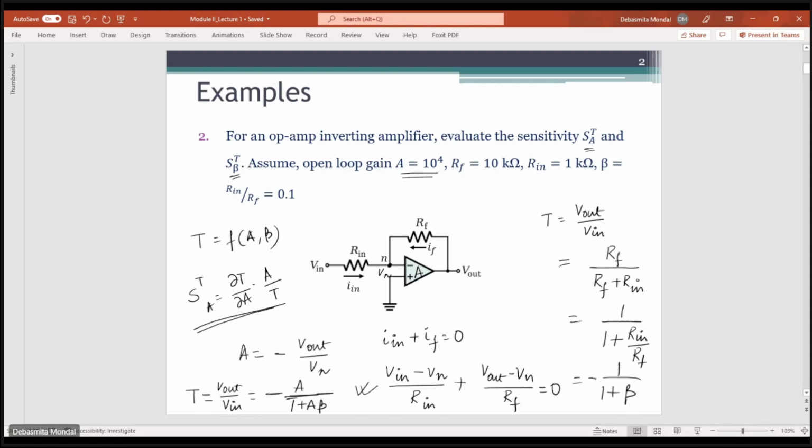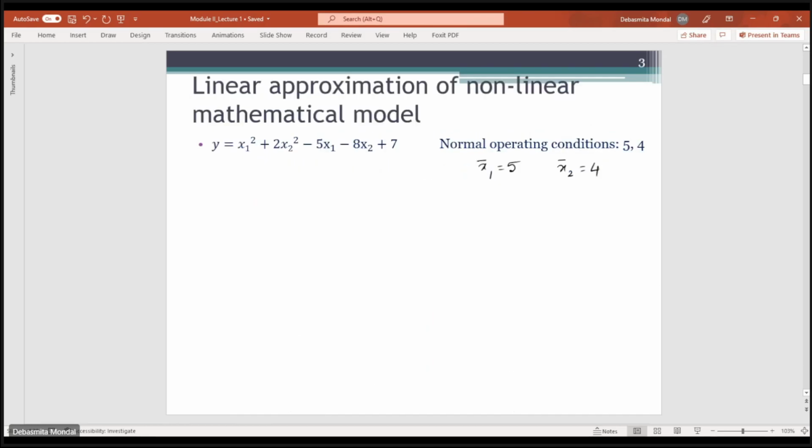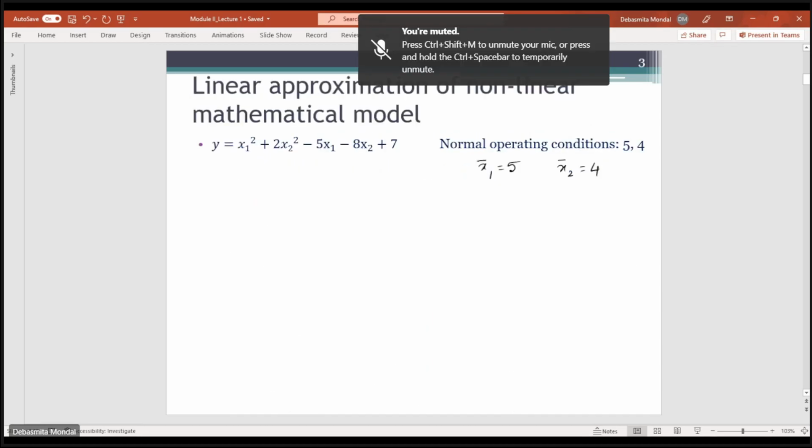So it would be better if you practice these kind of sensitivity analysis problems. If you go to the book, there will be lots of solved examples. Try to solve them on your own without seeing the solution in the book, and practice on your own. Okay.